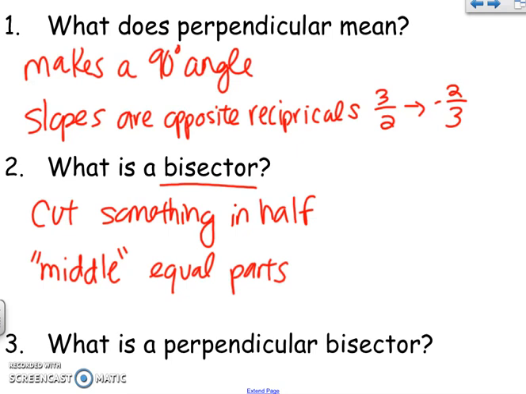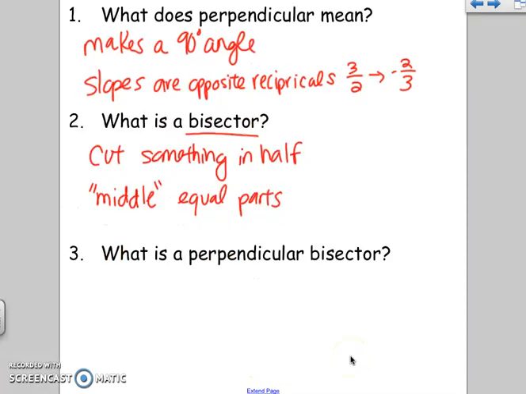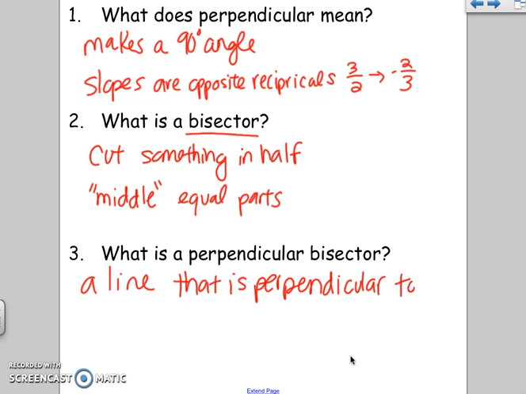Okay, so we put perpendicular and bisector together and see what a perpendicular bisector is. A perpendicular bisector is going to be a line that is perpendicular to a line segment. The reason it's a line segment is we have to have some kind of length to find the middle, and it's going to pass through the midpoint.